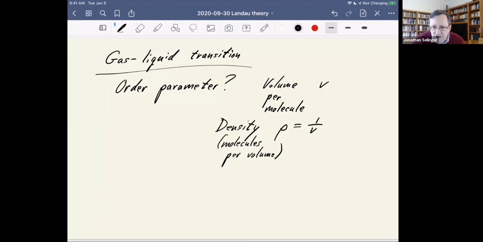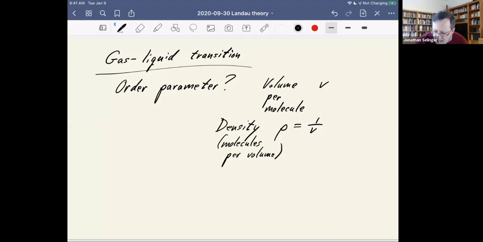Because the ideal gas is the system where the volume is really big, so the density is really low. This is not a crazy thing to do. This is a reasonable thing to do. But the problem with doing it is that the transition is not really close to the low density limit, right? The critical point occurs at a pretty high density. It's pretty different from the ideal gas.